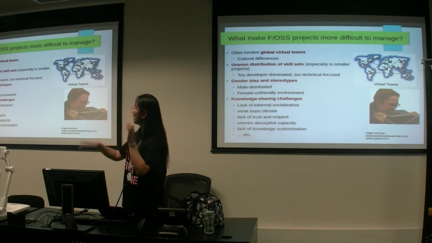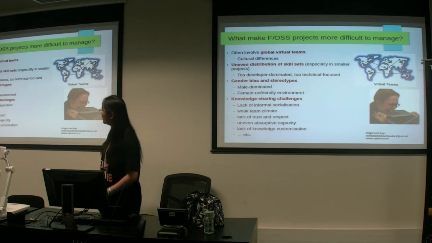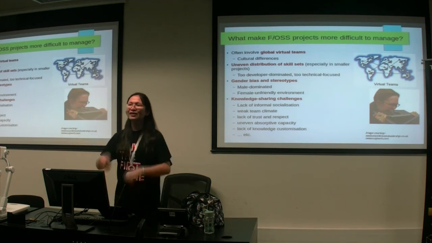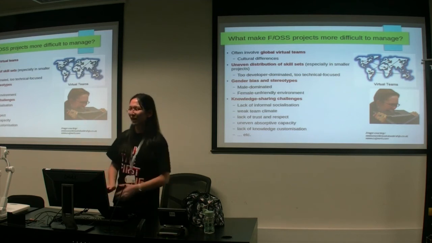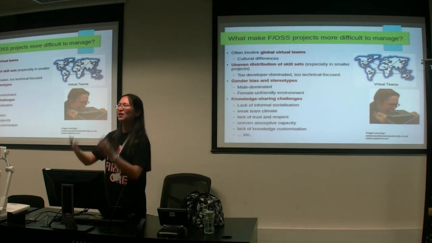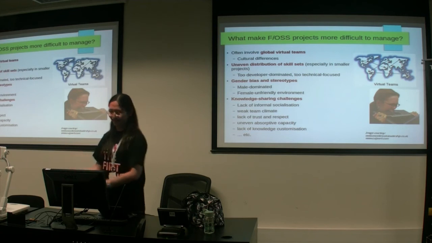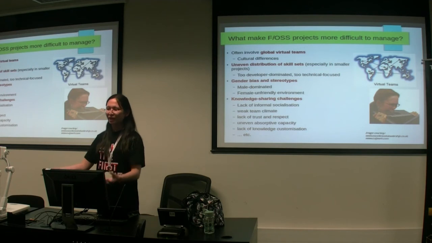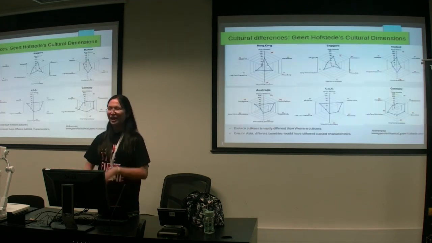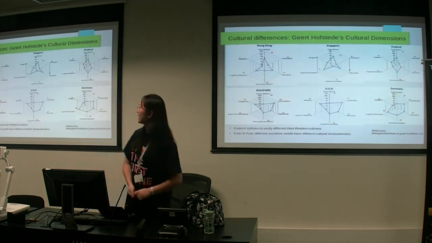So there are different levels of absorptive capacity and knowledge customization. I understand some knowledge, but in order for you to understand, I may need to customize that knowledge in your language so that you can understand. Even if you use the same terminology, you don't actually mean the same thing.